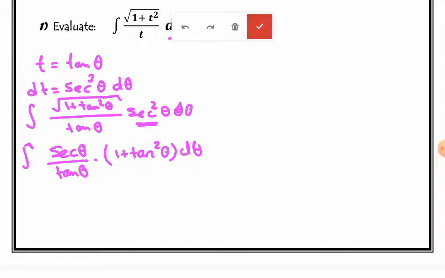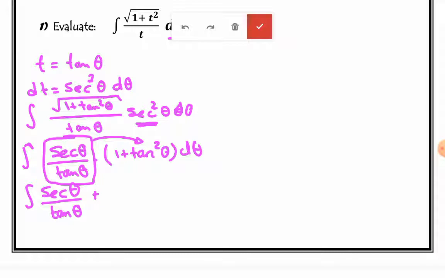Then guys, here I will multiply secant theta over tan theta by this expression 1 plus tan squared. So we have secant theta over tan theta times 1, which stays the same, plus secant theta over tan theta multiplied by tan squared.